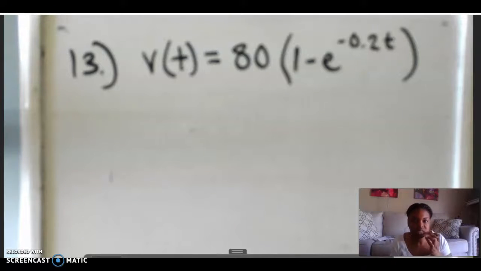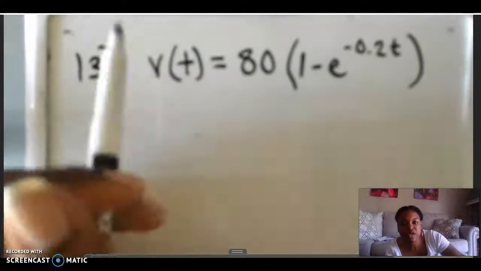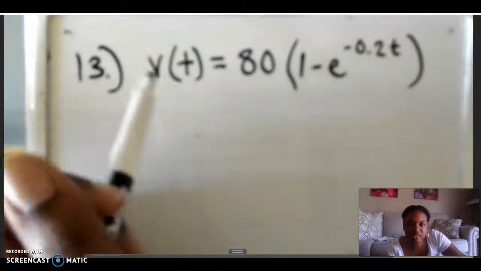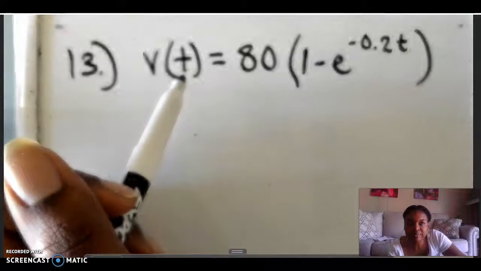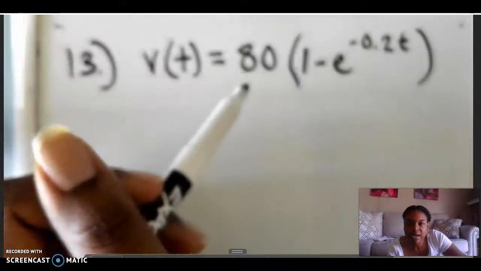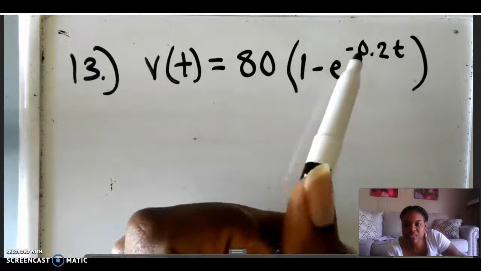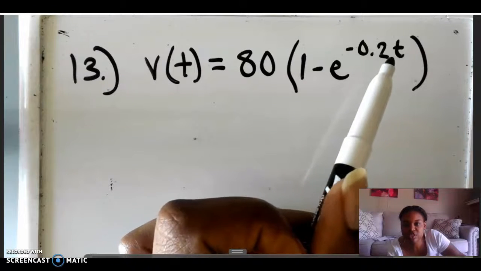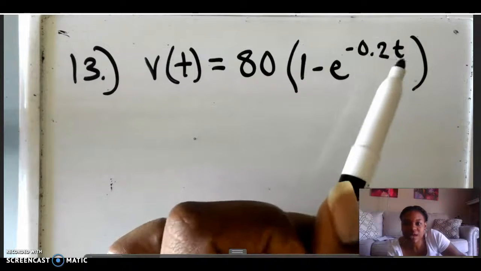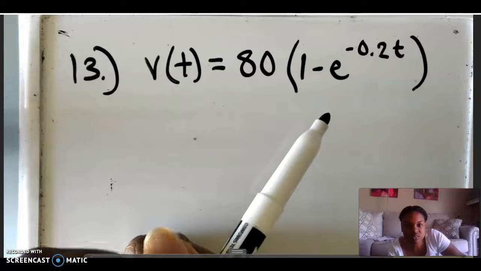What this formula means is that we can find any velocity by multiplying 80 times 1 minus e to the power of negative 0.2 times whatever the time that has passed is.